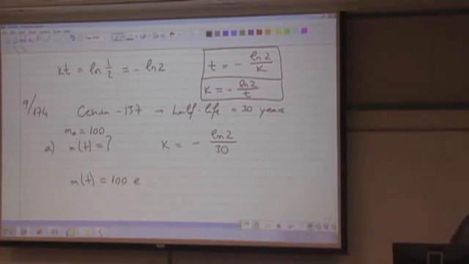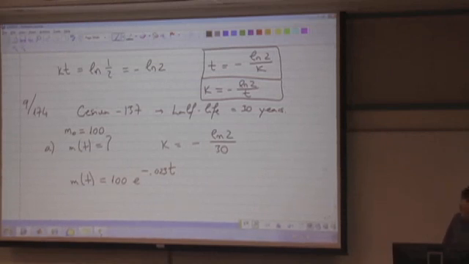Negative ln of 2 divided by 30, yes. So negative 0.023 times t. Good enough. Is that making sense? Okay.